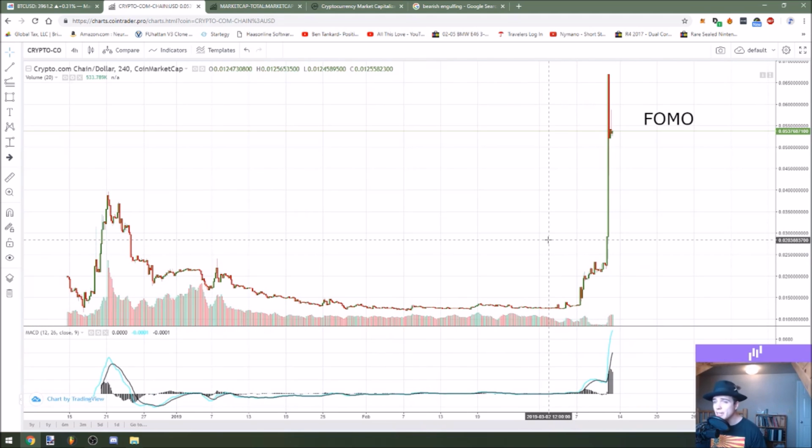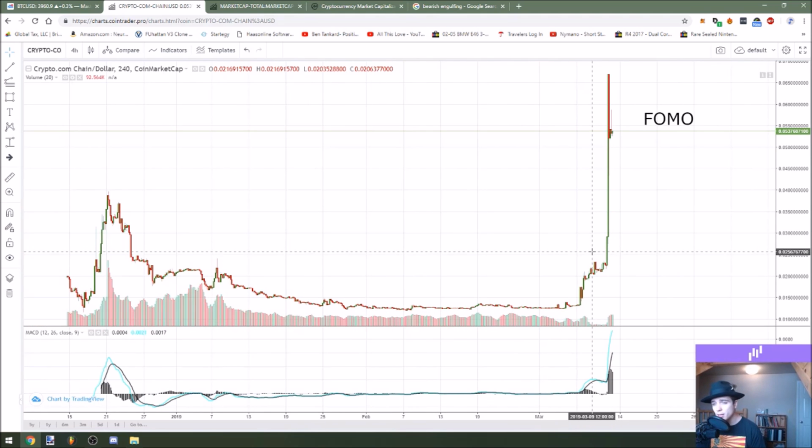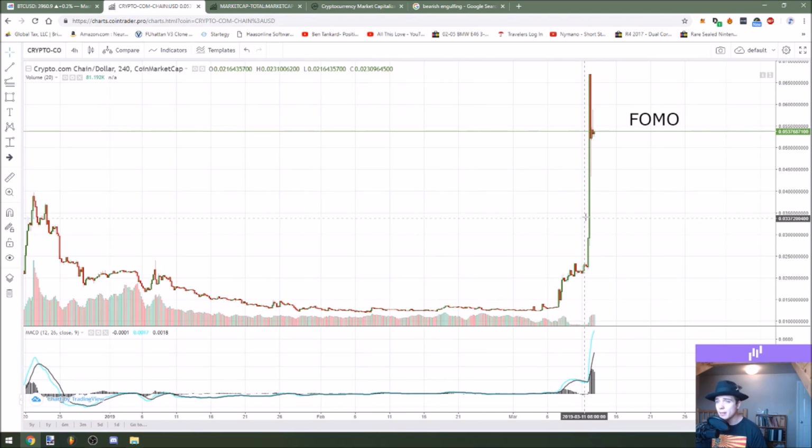Wait for a retracement, which is just a fancy word for a drop, and then get in when the prices are actually more reasonable and cheap. This is completely overvalued on the short term, and there's no reason to expect continuation upside for this trend.